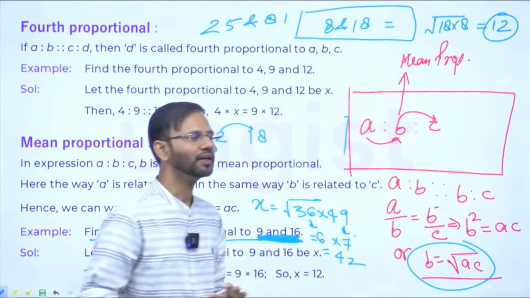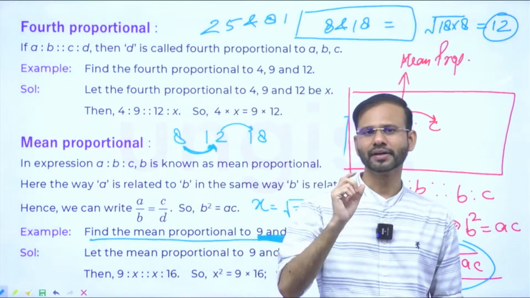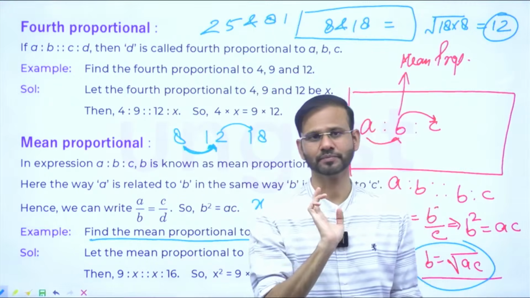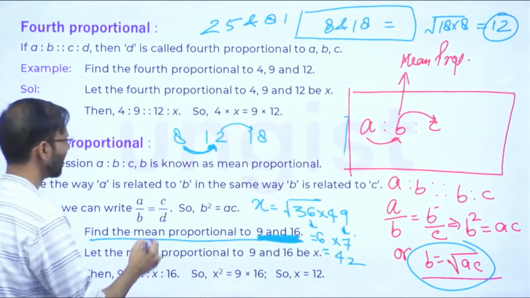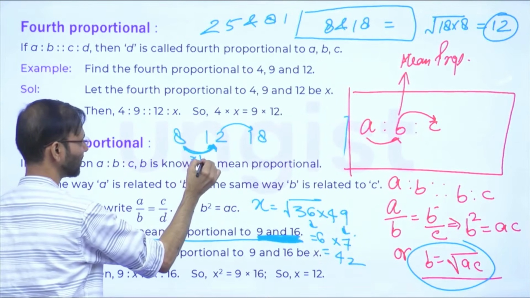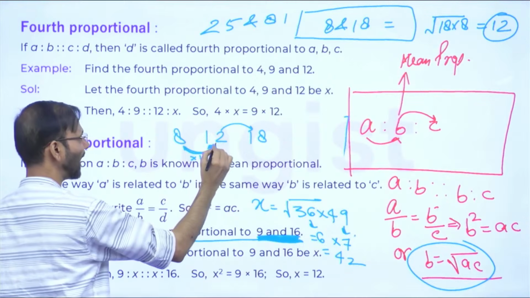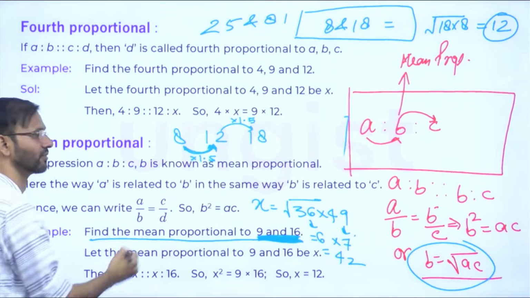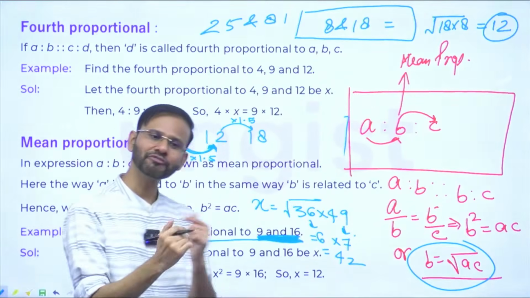Guys, let me tell you the relation between 8 and 12. 12 is 1.5 times of 8. I repeat, 12 is 1.5 times of 8. And 18 is 1.5 times of 12. And how to find 1.5 times?